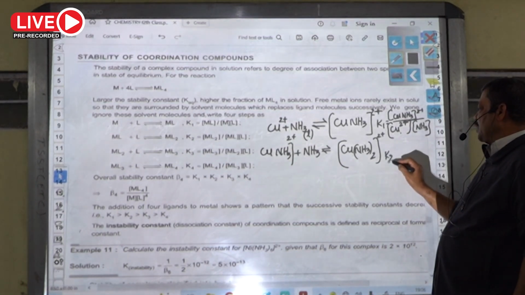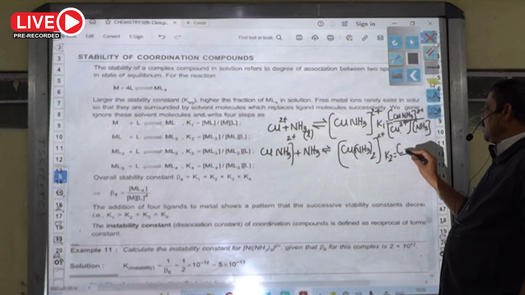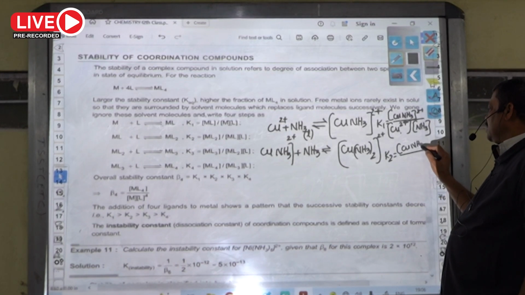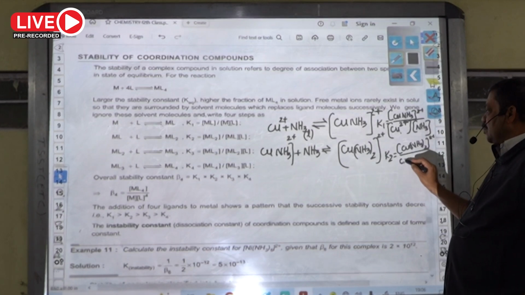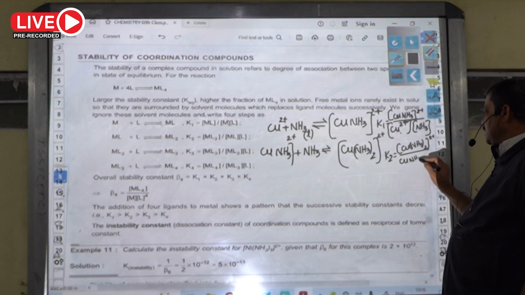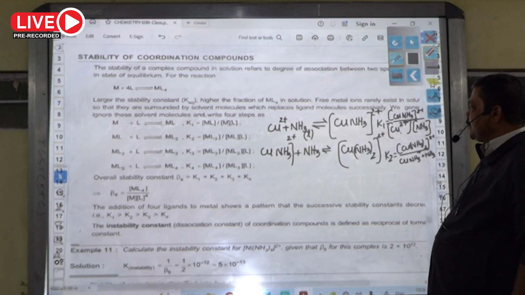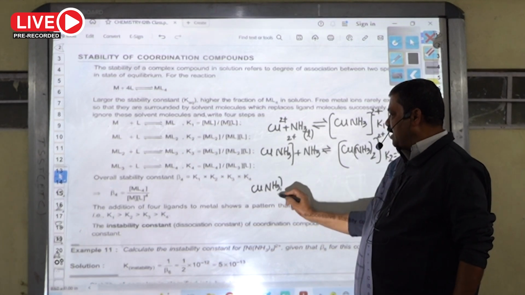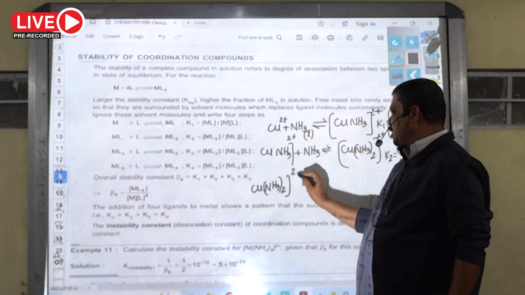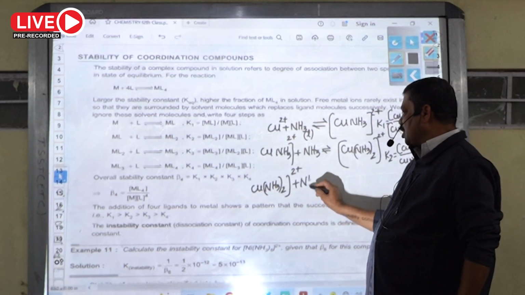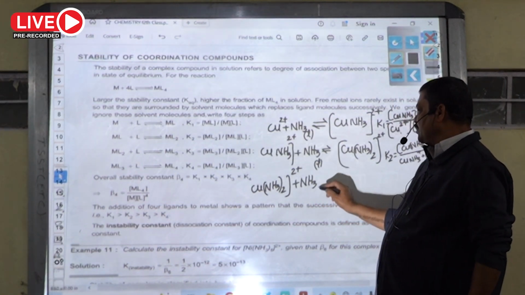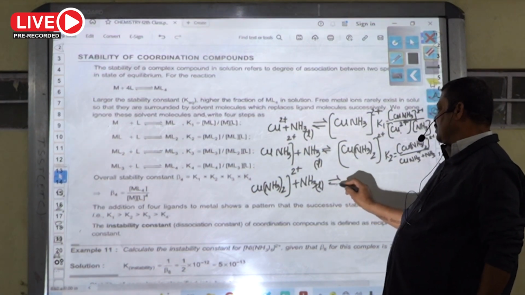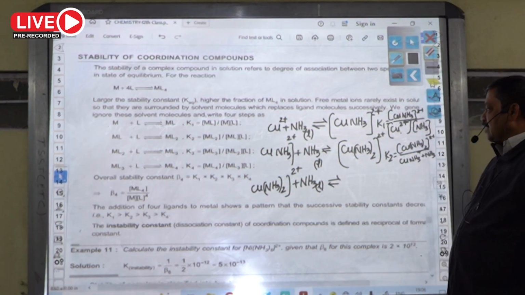Similarly, you can write K2 for this: CuNH3 twice 2 plus by CuNH3 single plus into ammonia. Now the third equilibrium, CuNH3 twice 2 plus is added with one more ammonia. What I will get?